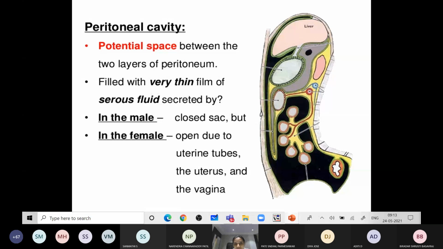Okay, you understood how the female peritoneal cavity is open? It is not closed. Through the pelvic ostia, uterine tubes, uterus, cervix, and the vagina, the peritoneal cavity is open.